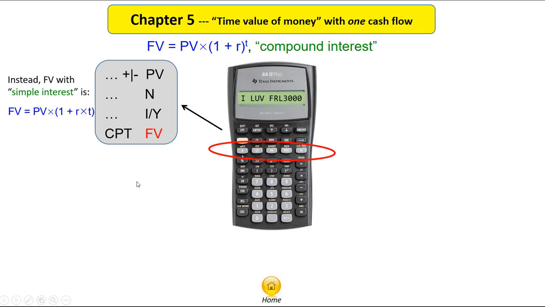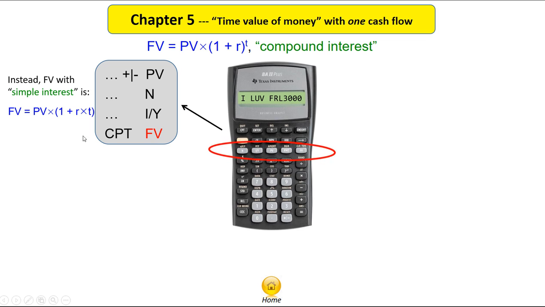Then we also looked at so-called simple interest. With simple interest, money does not get compounded every year. So the interest you earn every year is always the same dollar amount, always based on what you started with at the very beginning in year 0. So the future value with simple interest cannot be calculated with the financial calculator.